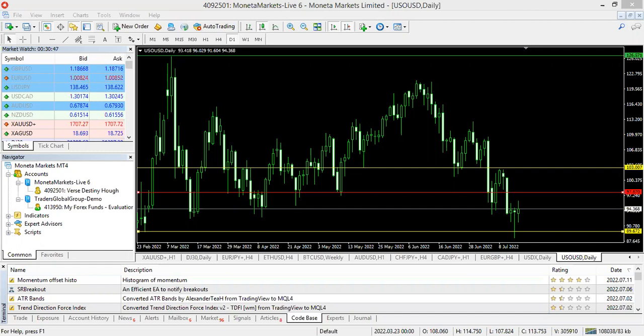Remember when I was calculating the number of pips attached to using 0.1, I said 1 pip is $1 using 0.1. So 100 pips is $100 using 0.1. 100 steps in your favor is $100, 1 step in your favor is $1, and 1,000 steps in your favor is $1,000 using 0.1.